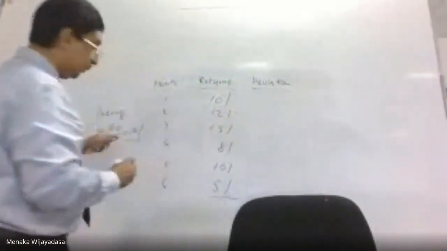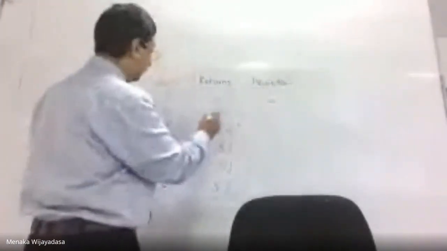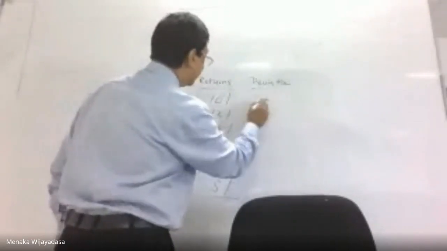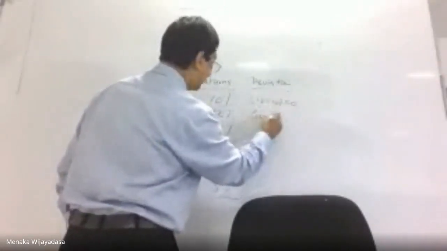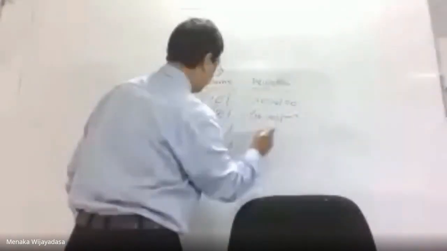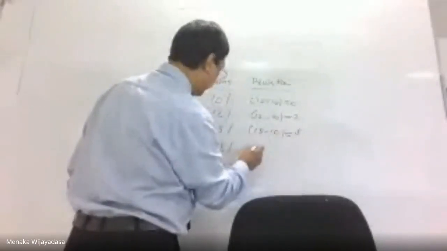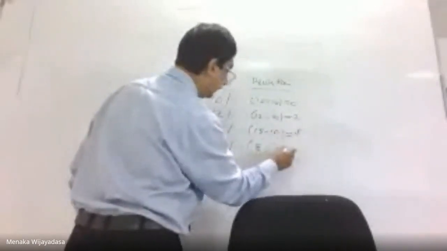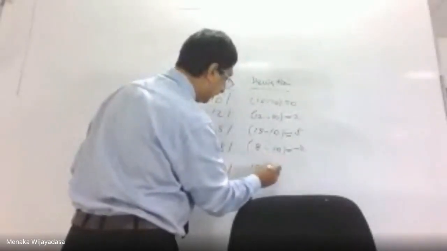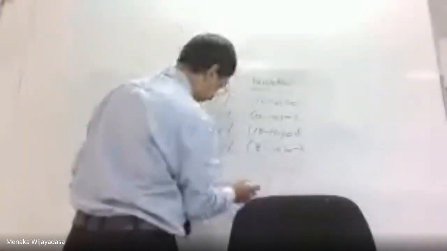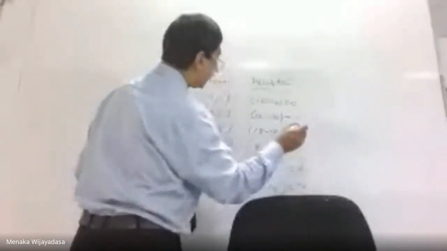The average is 10%. 10 minus 10 is 0, 12 minus 10 is 2, 15 minus 10 is 5, 8 minus 10 is minus 2, 10 minus 10 again 0, 5 minus 10 is minus 5.